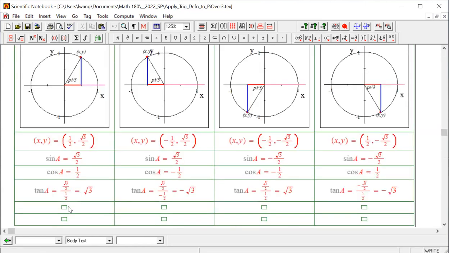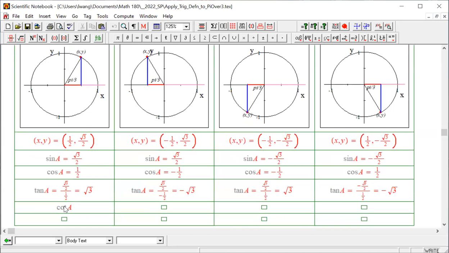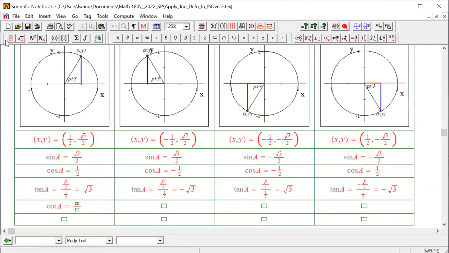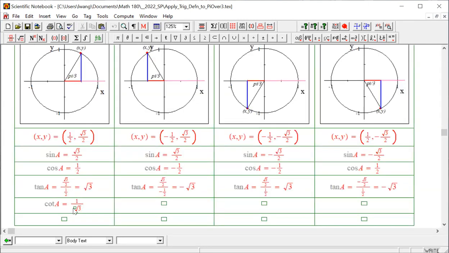Okay, so let's do a little calculation, you guys. Please get involved, okay? Cotangent is the reciprocal, right? Reciprocal, that means if tangent A is √3, cotangent A is going to be 1 over √3. So we know that if we rationalize it, right, we have done those exercises.